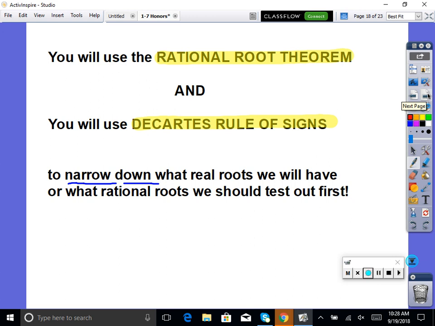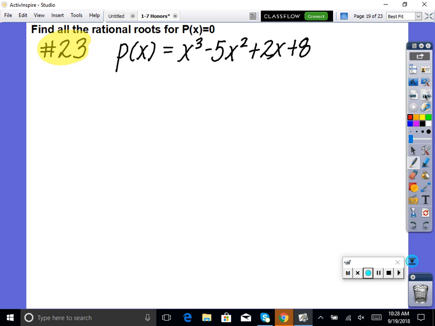Okay, so let's do another one off the homework, number 23. It says find all the rational roots when the polynomial is set equal to 0. So now that we know both, we're going to use that to determine which one we should test first. Now we know the rational root theorem and Descartes' rule of signs. So here we go. Let's first list out our possible rational roots, p over q. Our q is 1.